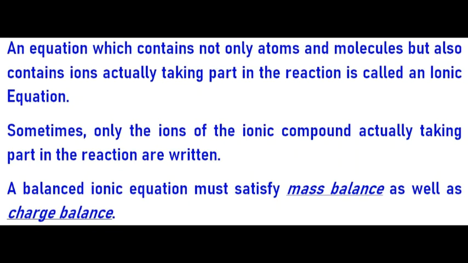Sometimes, usually, only the ions of the ionic compound actually taking part in the reaction are written in the ionic equation. And one point you must remember: a balanced ionic equation must satisfy the mass balance. The mass must be balanced on the reactant side and the product side. And also the charge balance. The net charge on the reactant side and the product side must be balanced also.